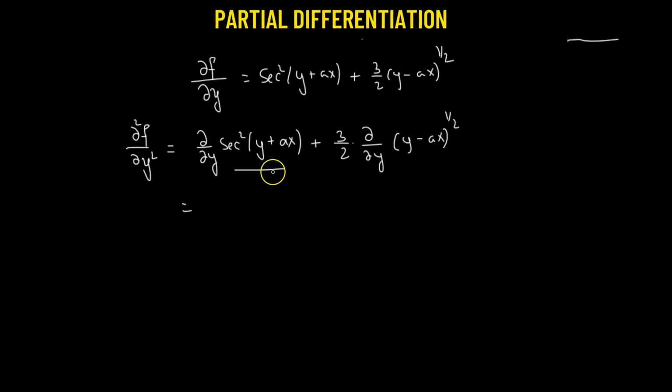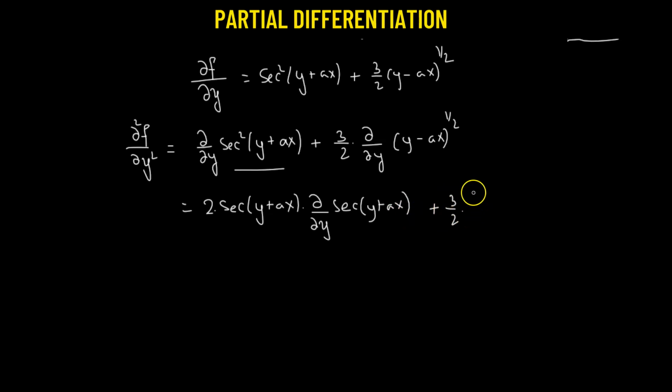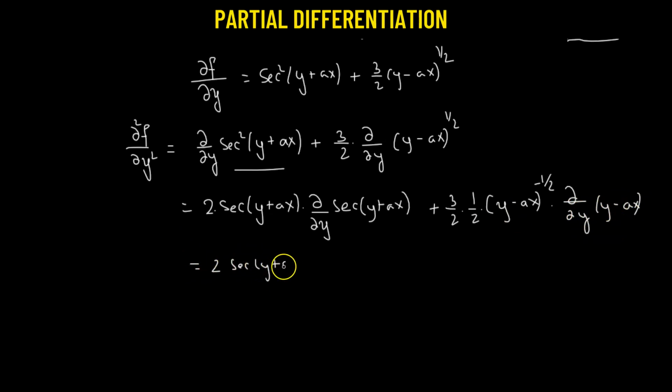Now here we can use the power rule to get 2 times secant of y plus ax multiplied to the partial with respect to y of secant of y plus ax, plus 3 over 2 times half multiplied to y minus ax raised to the power of half minus 1, which is negative half, times the partial with respect to y of y minus ax.